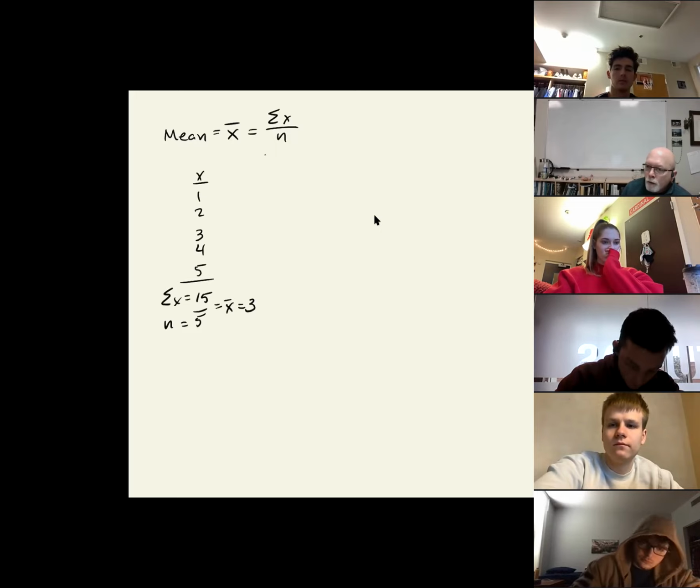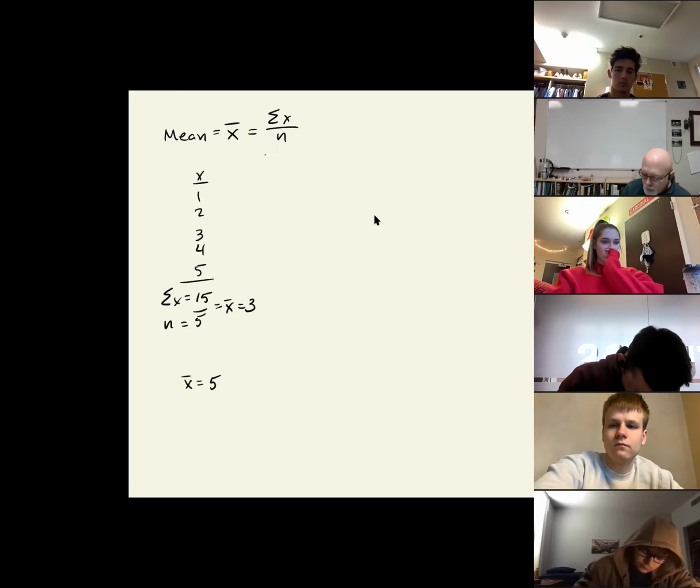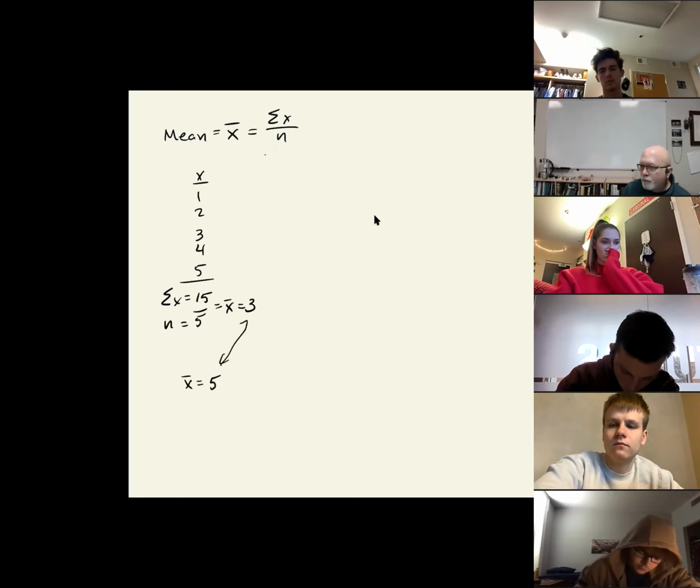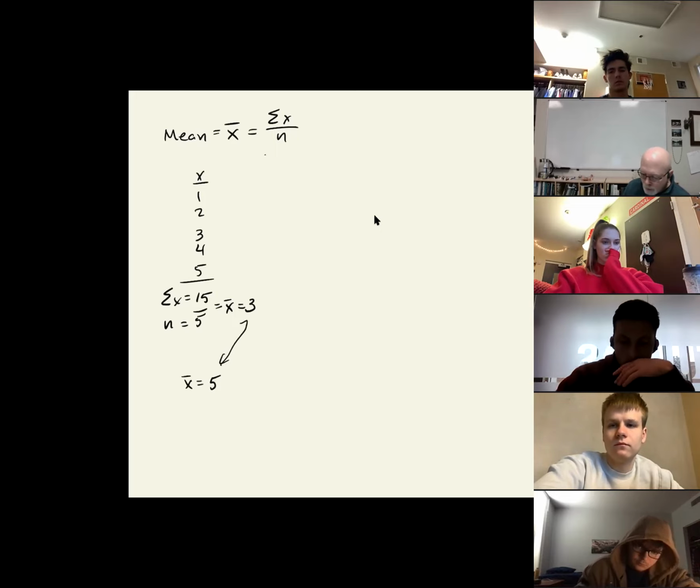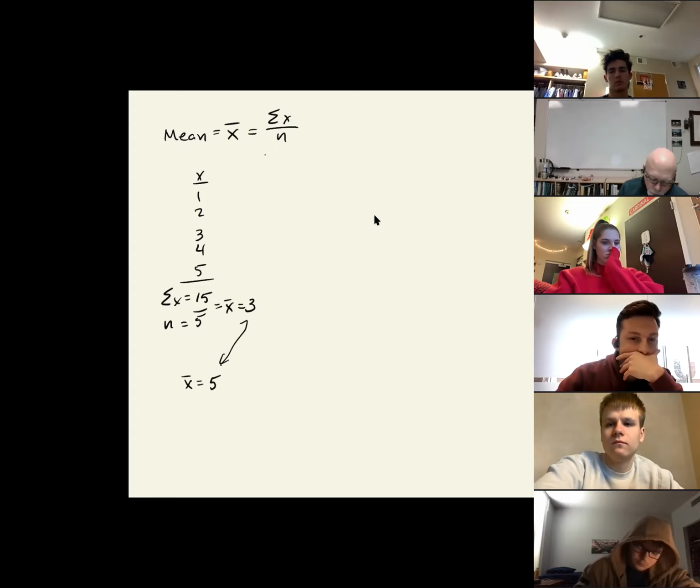But what's important for telling whether a mean of 3 is different from, for example, a mean of 5 is not just whether the numbers are different, is 5 different from 3, but also how much variation there is around that estimate of the mean of 3 and that estimate of the mean of 5.